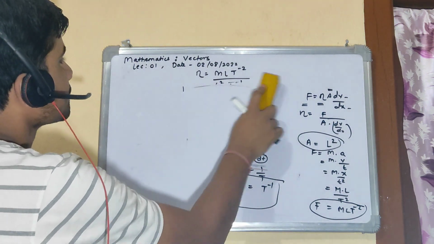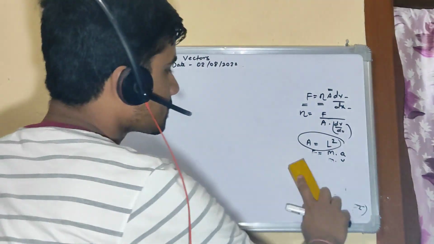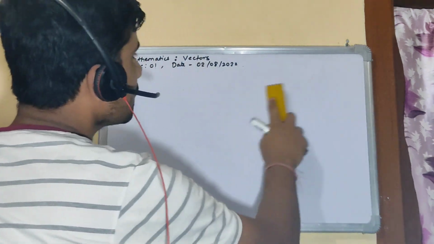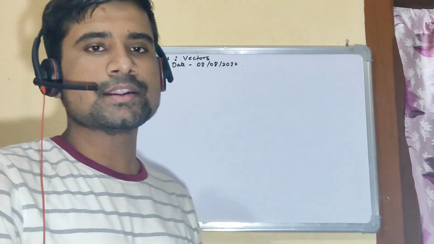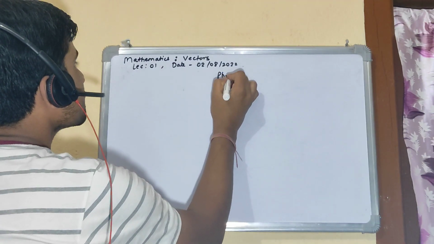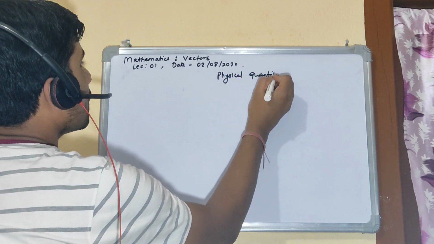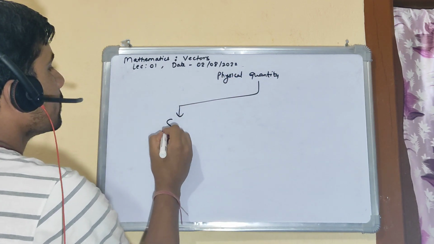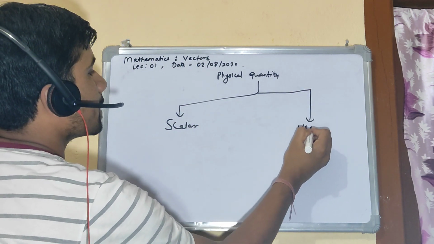Now, all these physical quantities are classified into two different types. One is scalar quantity and another is vector quantity, right?